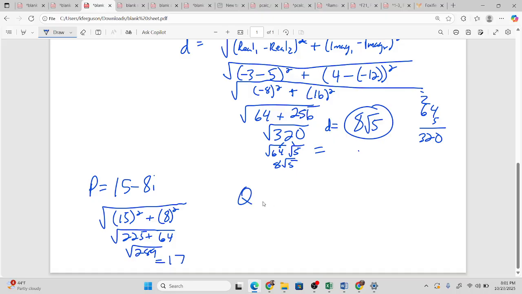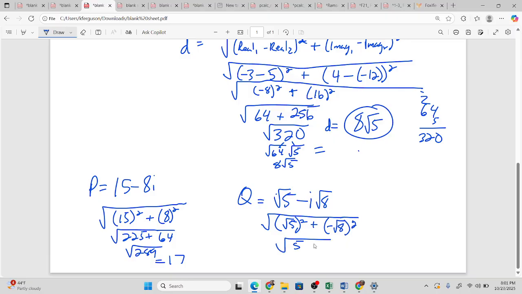What about q? q is the square root of 5 minus i times the square root of 8. So I'm going to have the square root of 5 to the second power plus, this is negative, but honestly it doesn't matter because the square is involved, so it's going to knock the negative out.